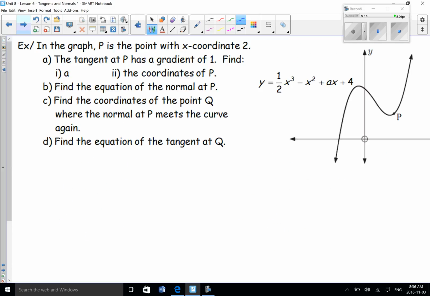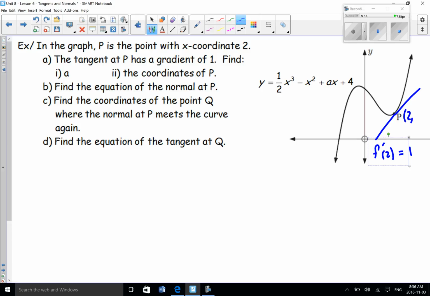Last one, I think. All right, in this graph, P is the point with the x-coordinate of 2. So this is 2 and something. The tangent at P has a gradient of 1. So in other words, we know that f prime at 2 has to come out to 1. Find a.